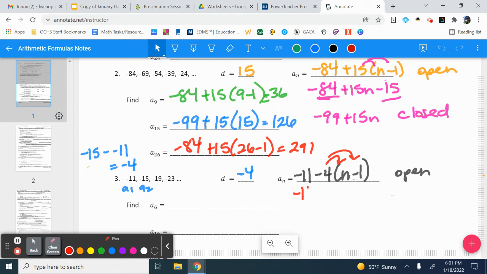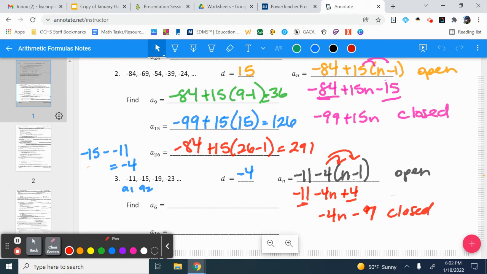So I'll have negative 11 minus 4n, and then negative 4 times negative 1 gives me positive 4. So to close it, I'll need to combine like terms, where I'll get negative 4n minus 7 here. That's my closed form.